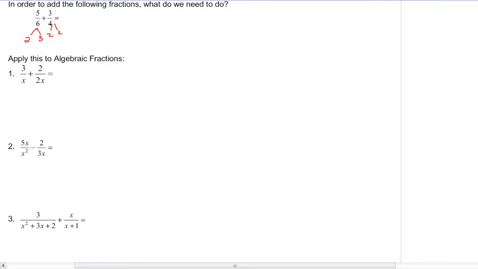Okay, now they both need to be the same. So what's missing from each one? Well, from the second one, we see that there should be a 3. So they have to have the same factors for both of them. The second one is missing a 3 as a factor, so we're going to need to add a 3 to that second one.